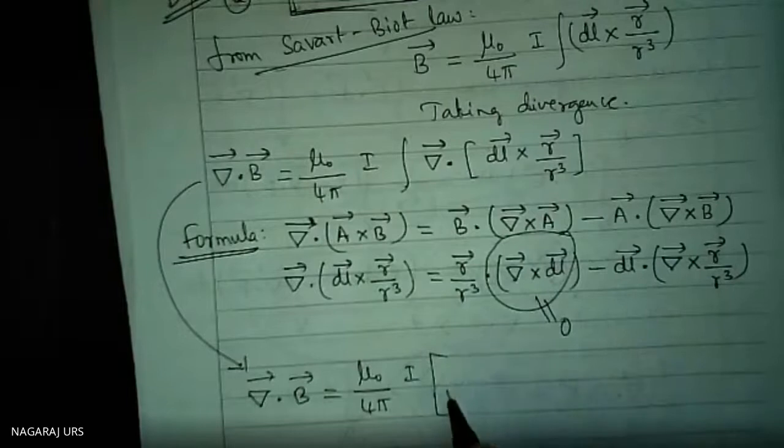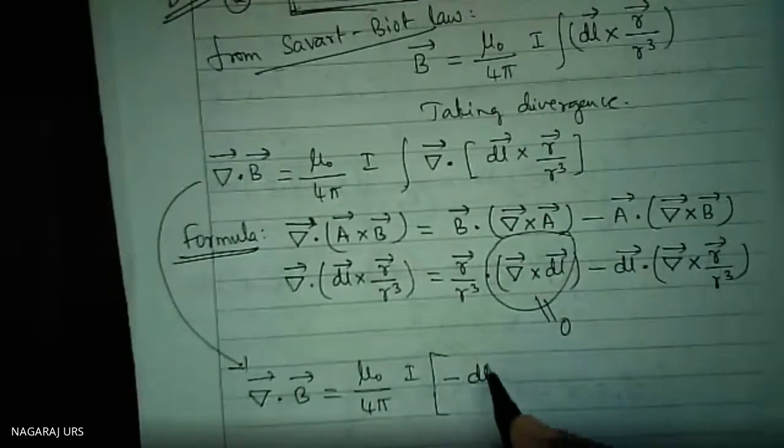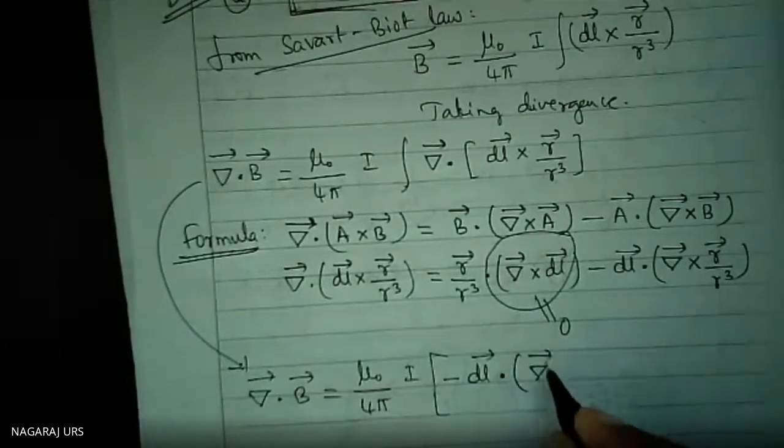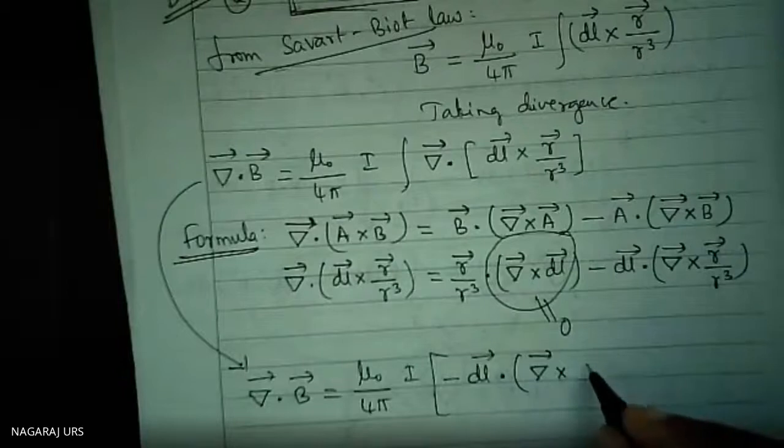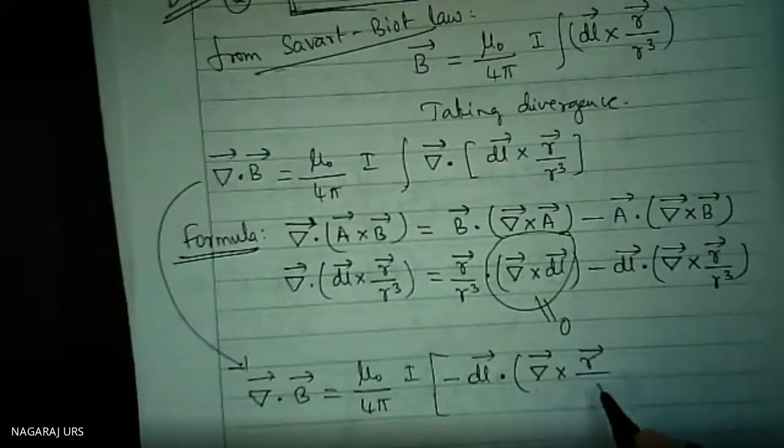The remaining thing is this, minus dl dot del cross r divided by r cube, this much.